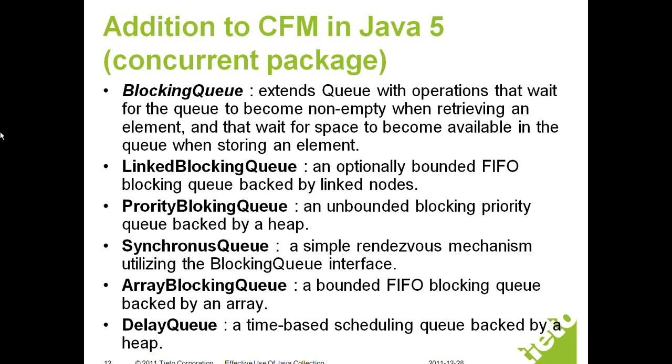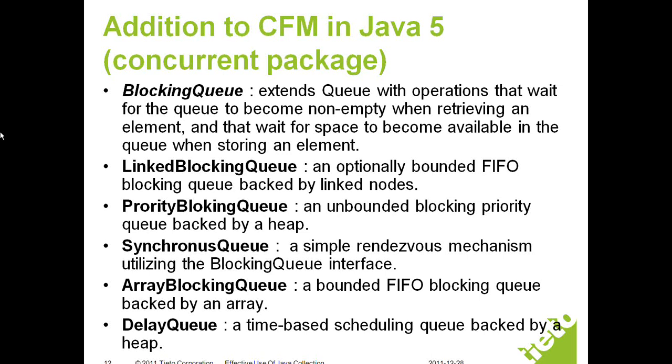Synchronous queue. It is just a simple queue which is not actually a queue. Synchronous queue has only one value: you are adding a value and some other thread is reading the value from it.